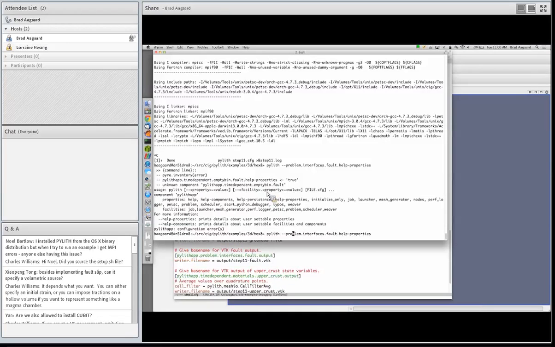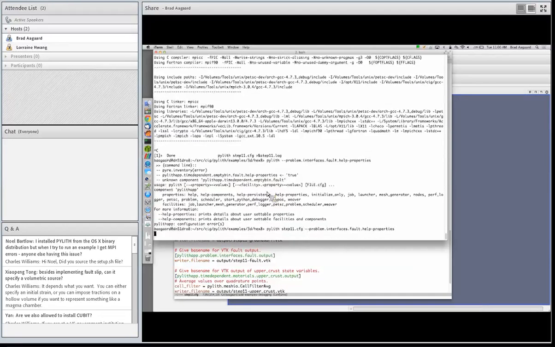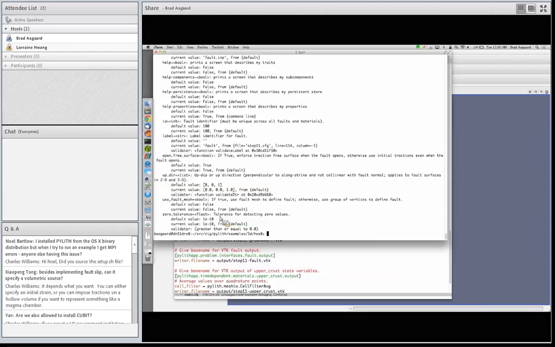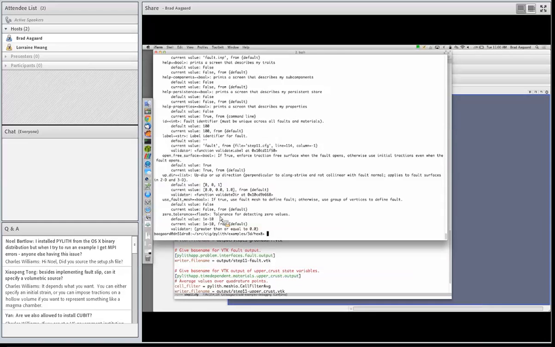Oh, I forgot the step 11. So my zero tolerance, the default value is 10 to the minus 10. I thought one time we had 10 to the minus 12. I think I said, well, that's a little too tight. No one really would use that in practice. So it's 10 to the minus 10.